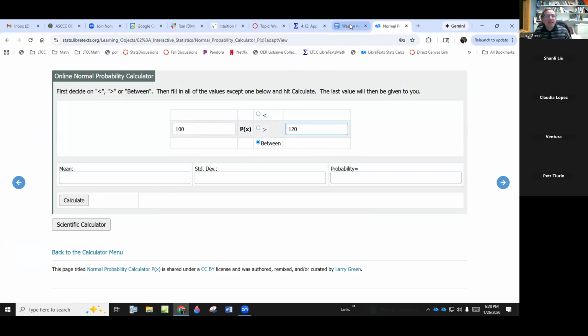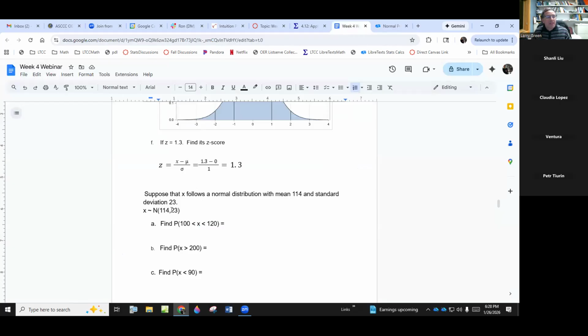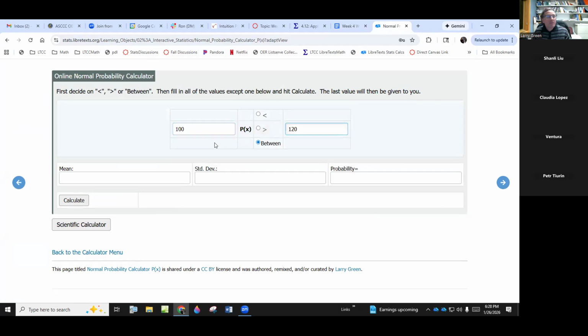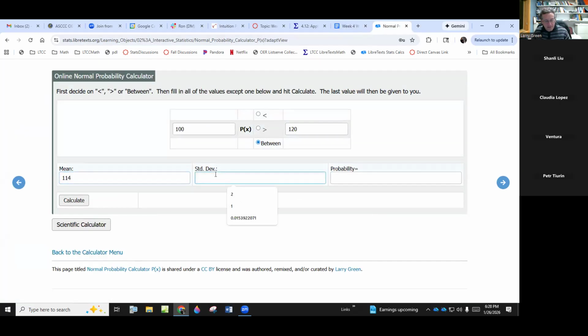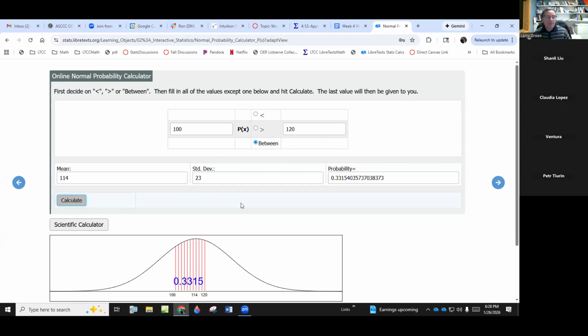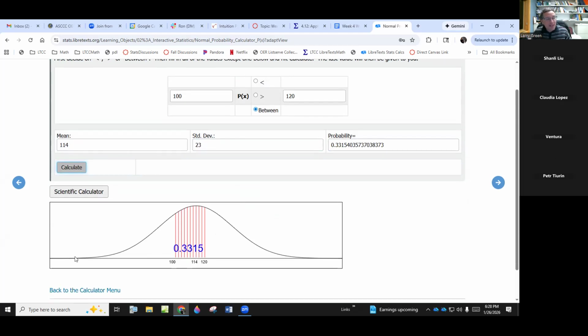The mean, okay, the mean is 114. And the standard deviation was 23. Any questions on this? And I click calculate. Okay, and there is a probability. It also gives you a nice picture.